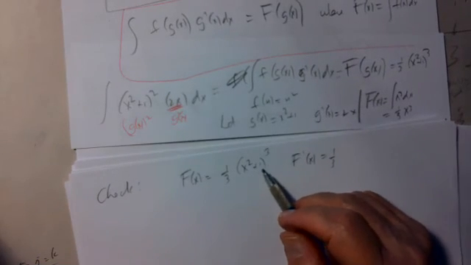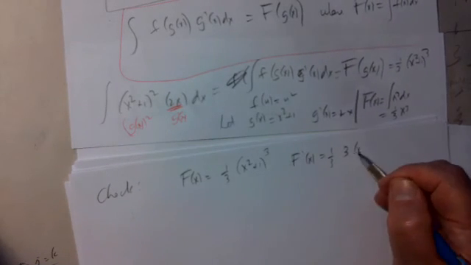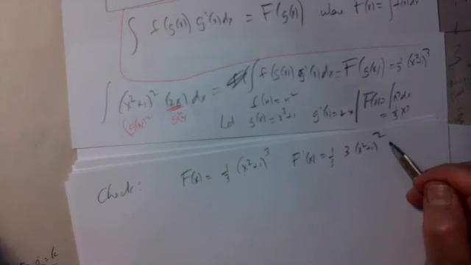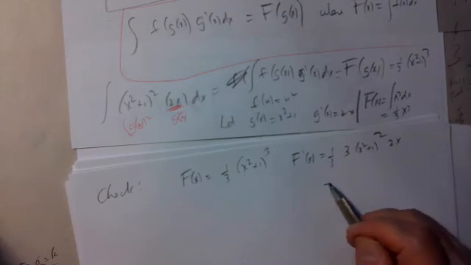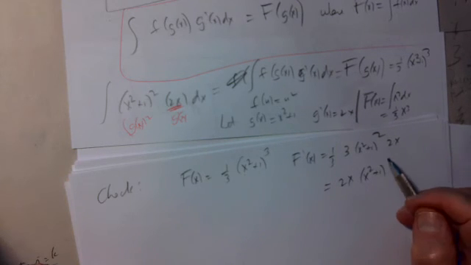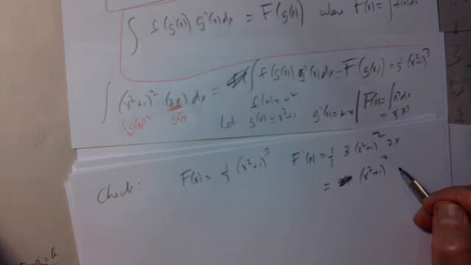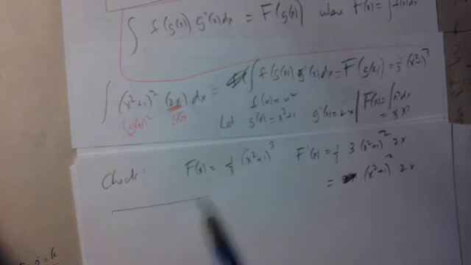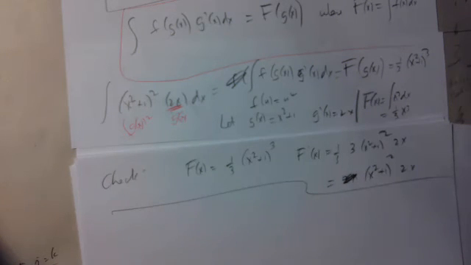The derivative of x squared plus 1 cubed is 3 times x squared plus 1 squared times the derivative of x squared plus 1, which is 2x. So this is 2x times x squared plus 1 squared, or x squared plus 1 squared times 2x. It's exactly what we started with. So by this miracle of substitution, it works.